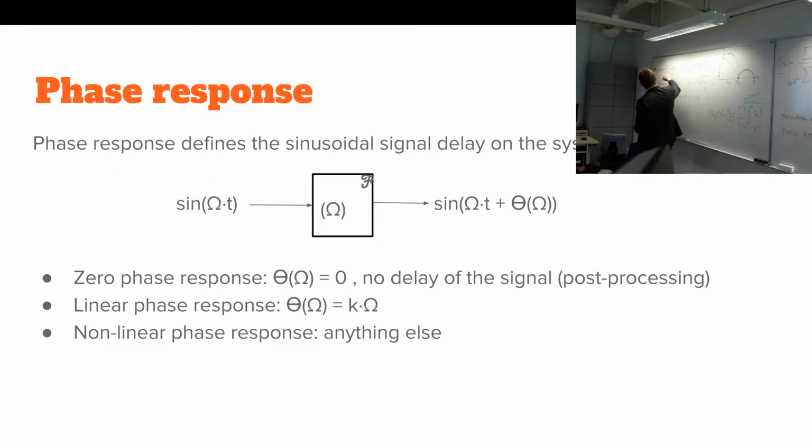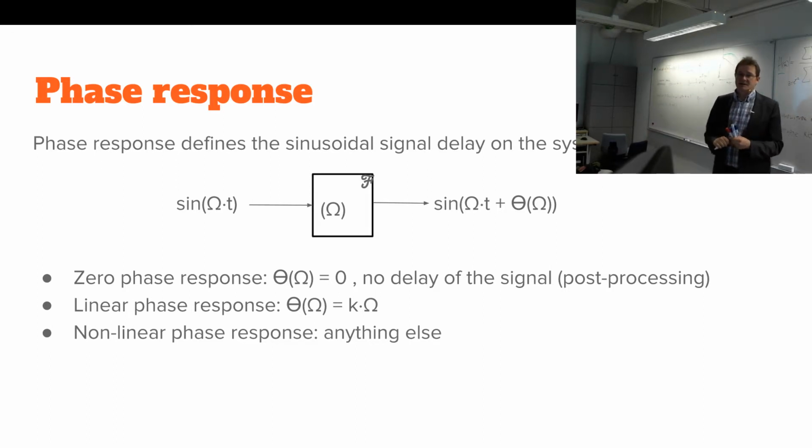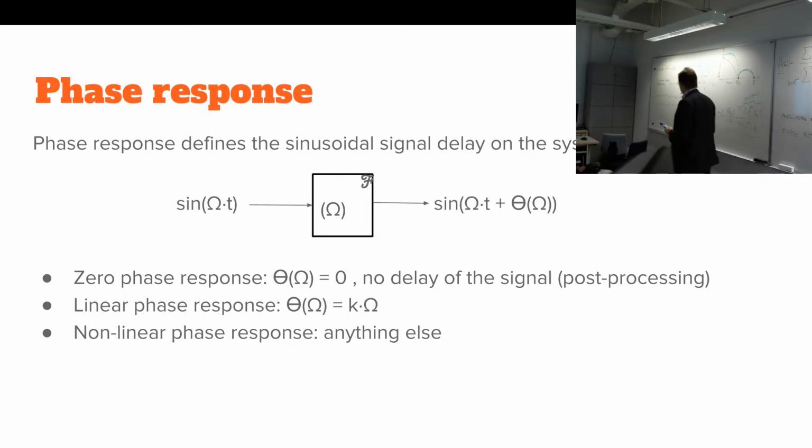If you have, for example, a signal that is a combination of two different frequencies and they are carrying information simultaneously, then you want to have exactly the same amount of time shift when that signal goes through the system.